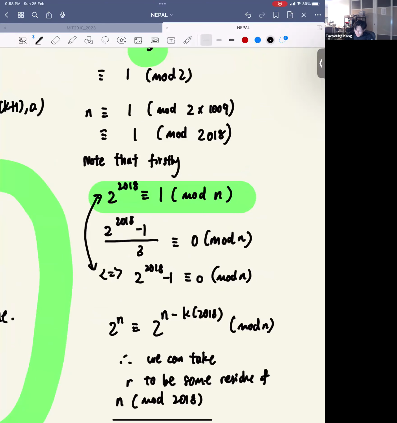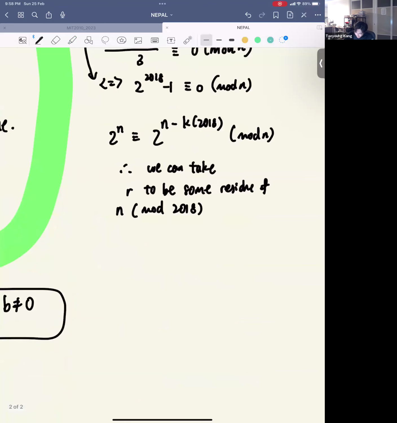So since n is congruent to 1 mod 2018, it implies that 2 to the power of n is congruent to 2 mod n, and hence 2 to the power of n minus 2 is divisible by n.